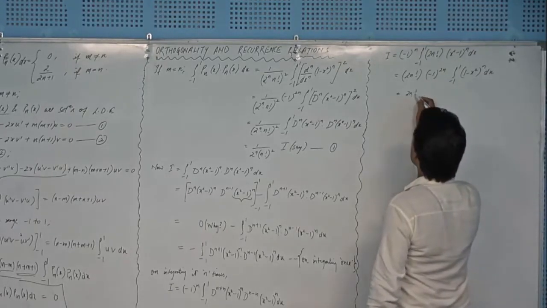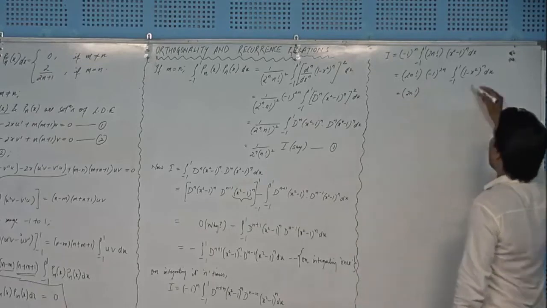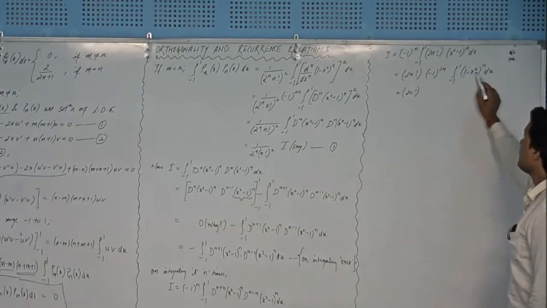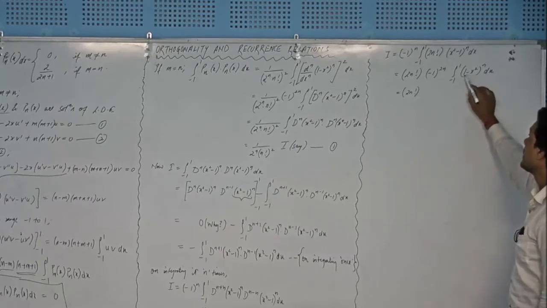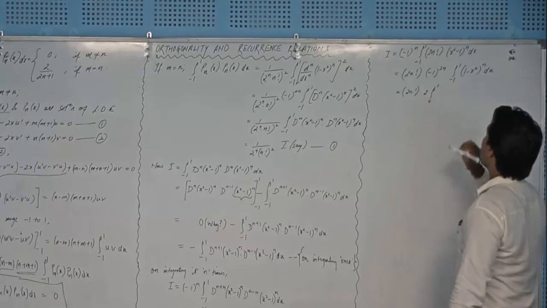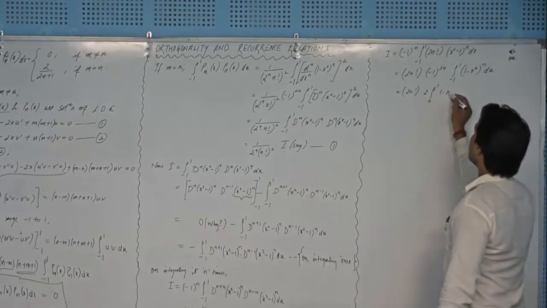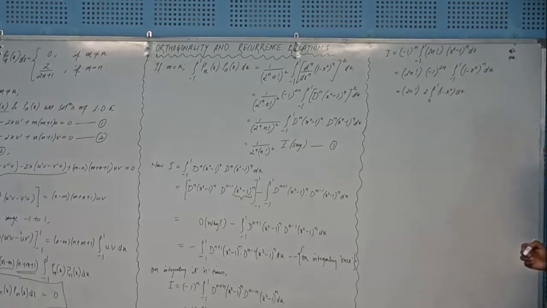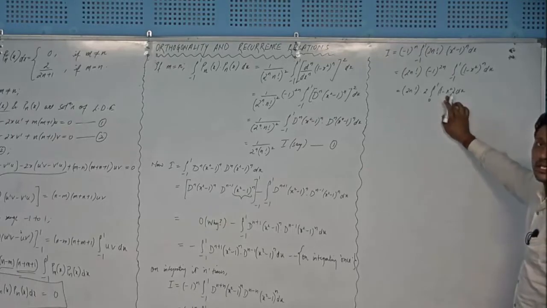And 2n factorial will become plus 1, and since it is an even function, if you replace x by minus x you will again get the same function. So I'm applying that property of an even function, the limits will be changed to 0 to 1, and 1 minus x square dx. Now it remains to solve this definite integral.